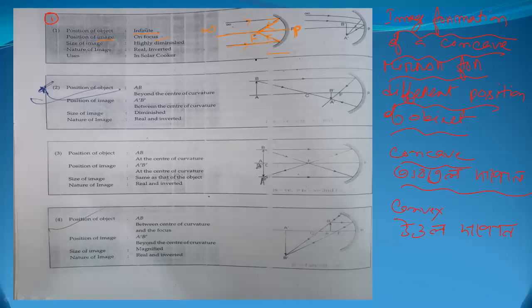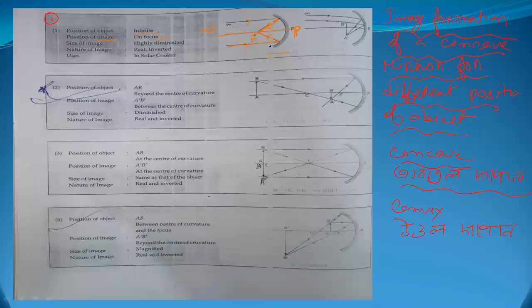Diminished means small, highly diminished and point size. So this is the highly diminished and point size.